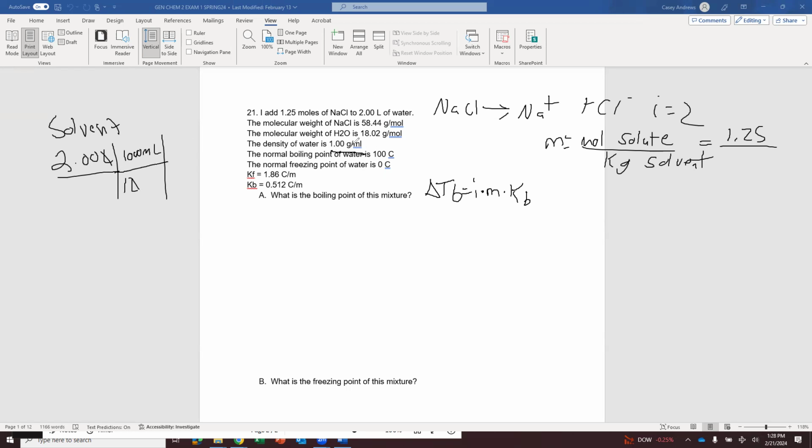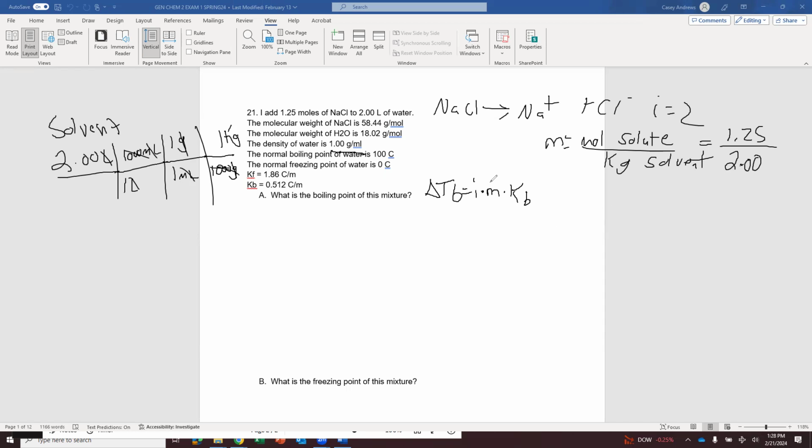Now I can use my density to convert to a weight. For every 1 milliliter of water I have, that's 1 gram. And now I want to be in kilograms. For every 1,000 grams I have, that's 1 kilogram. And you see, we have 1,000 at the top and 1,000 at the bottom. They actually cancel out. So your weight is 2.